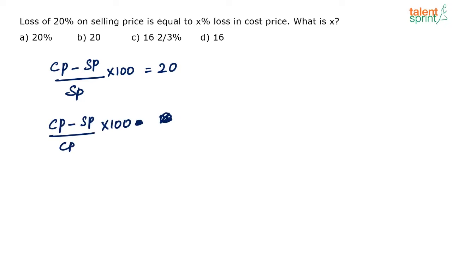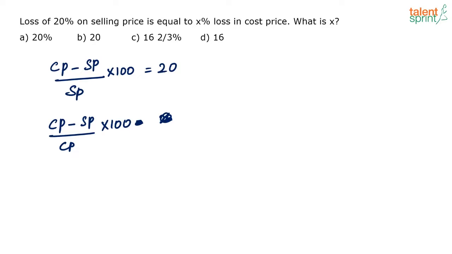This is the actual loss in the cost price. This is the loss percentage with respect to selling price, and this is the loss percentage with respect to the cost price.